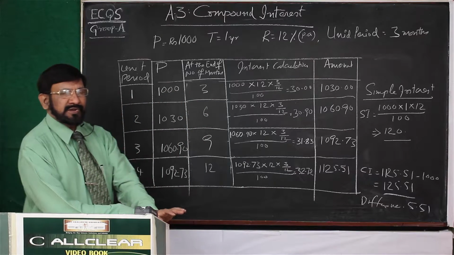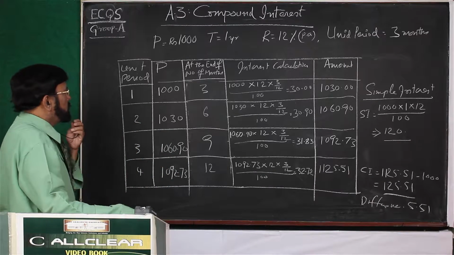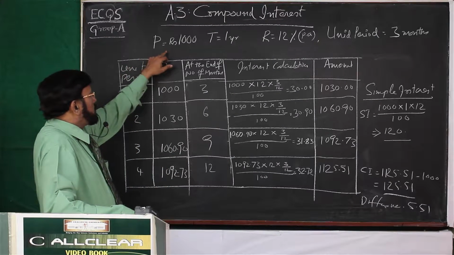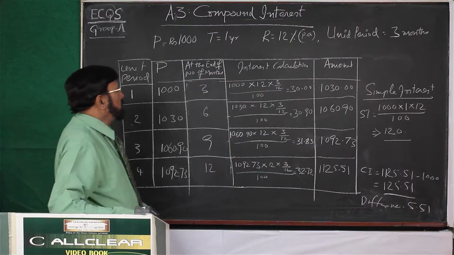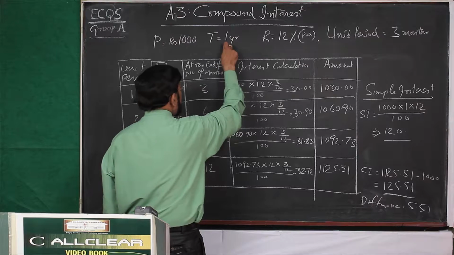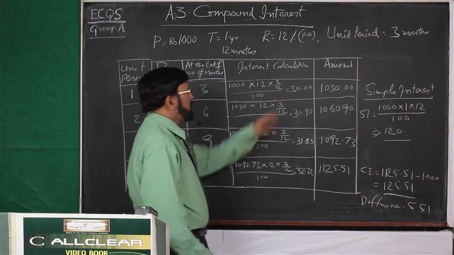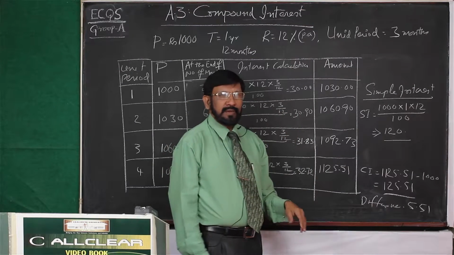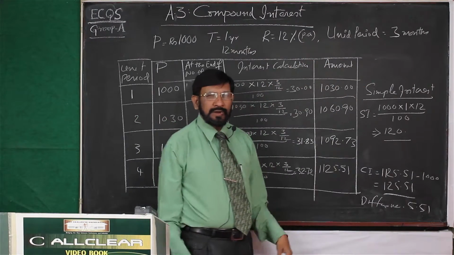In order to understand this concept clearly, you have to consider this example. Now, P is equal to rupees 1000, T is equal to 1 year, that you can take as 12 months, R is equal to 12%, and if it is simple interest, there is no question of unit period.